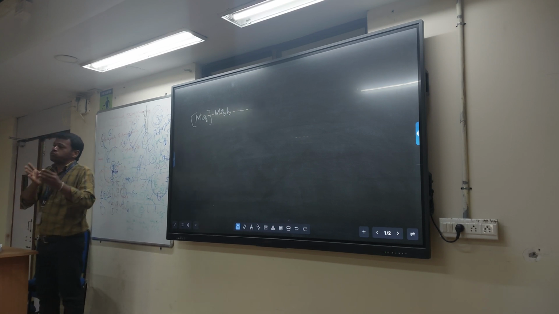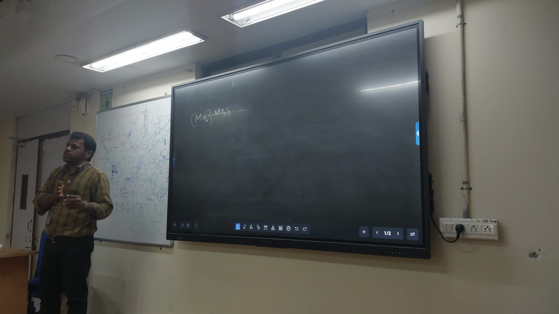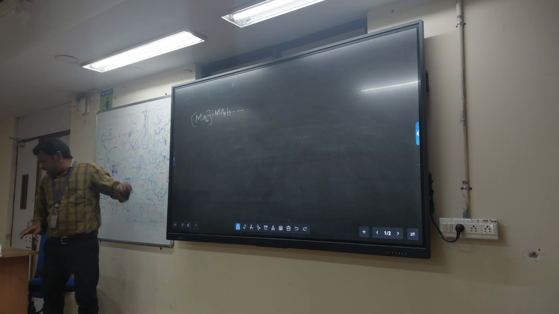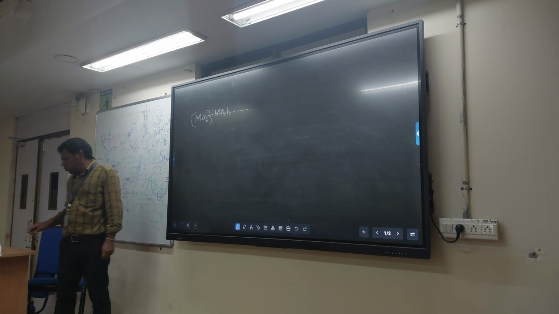We should not be able to distinguish one complex from the other, because the 5 ligands are the same, or the 6 ligands are the same. So it won't differ geometrically. That's why we gave the example MA4B2.